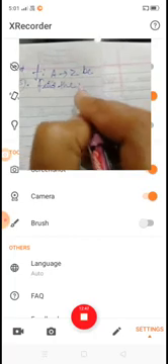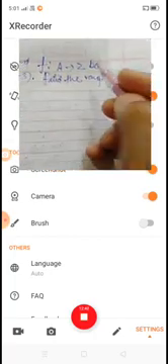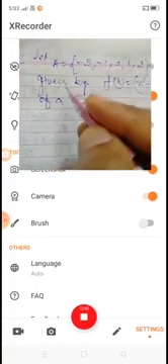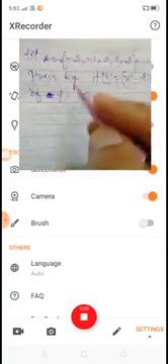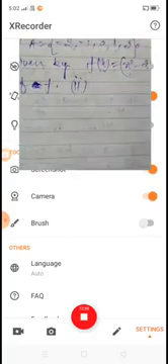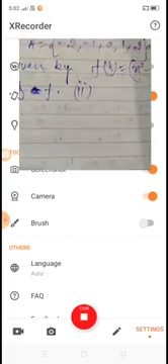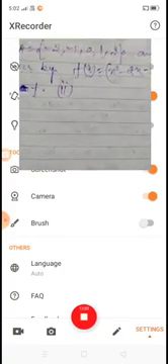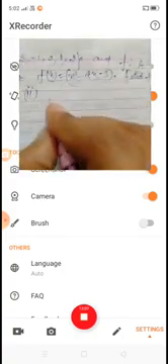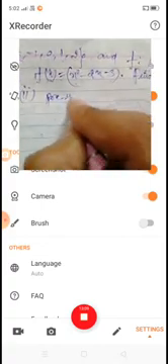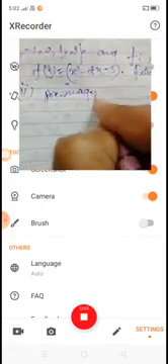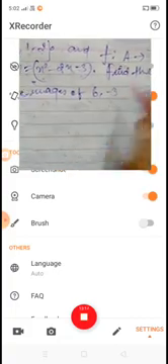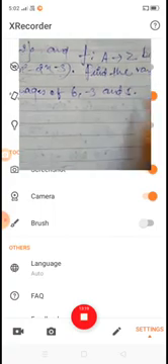Find the range of f. Second one: find the pre-images of 6, minus 3 and 5.